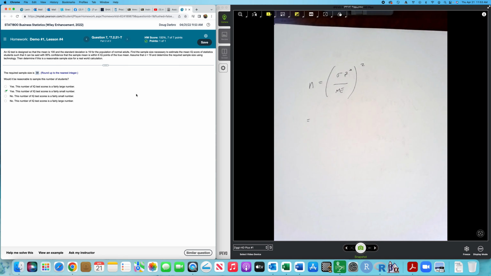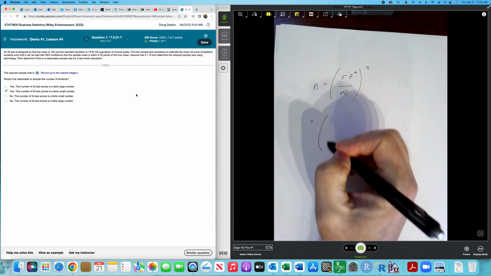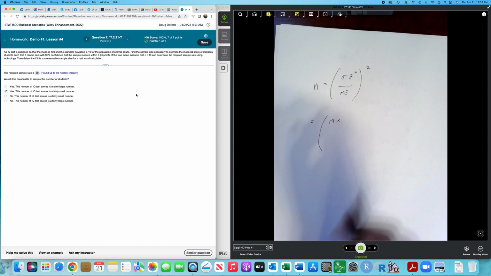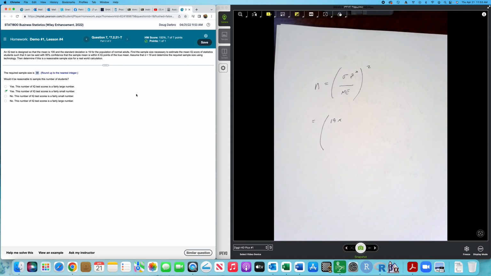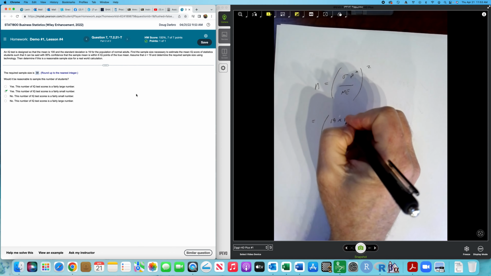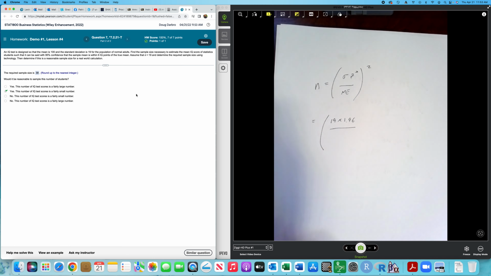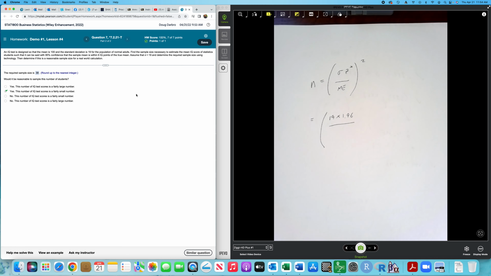The standard deviation for the population looks like it is 19. It's given in the problem. We're working on a 95% confidence interval, so the z critical when the population standard deviation is given is 1.96.